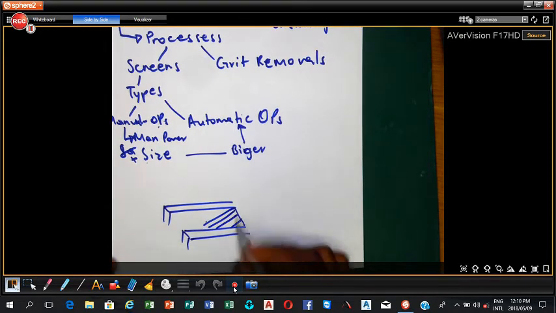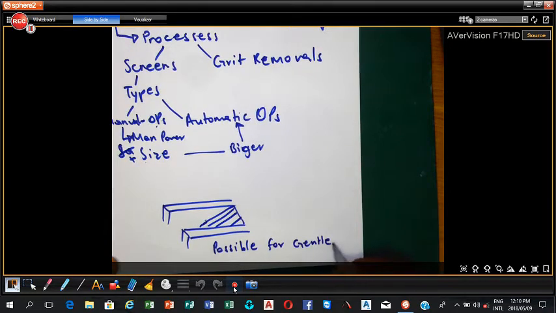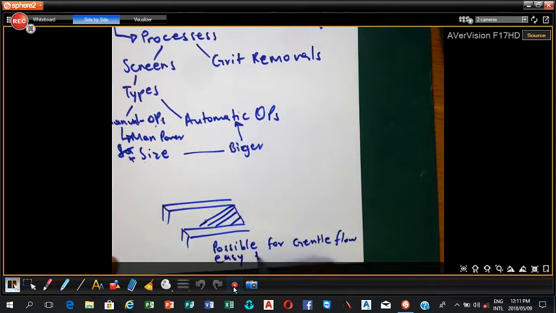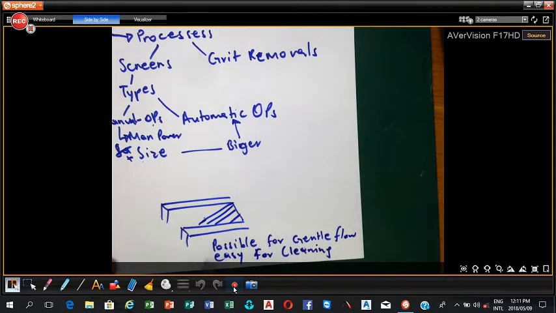The main significant reason why the screens are at an angle is that it needs to be possible for gentle flow as well as easy for cleaning. Remembering that we're cleaning using a rake, so it needs to be possible for gentle flow and easy for cleaning. Another important thing, on top of the surface here, the surface is deemed to be perforated.